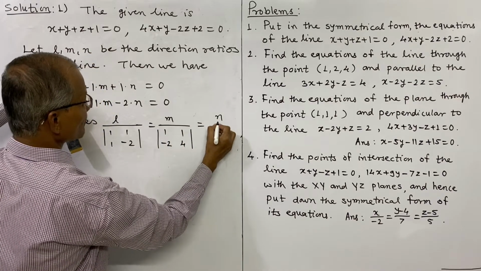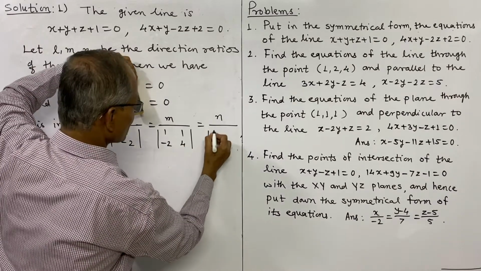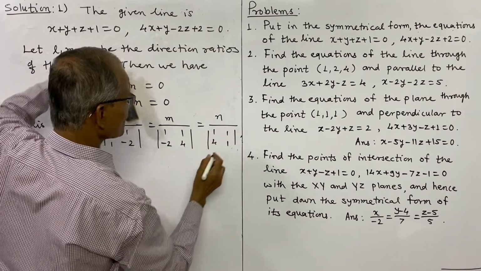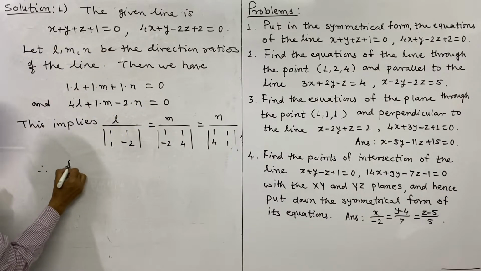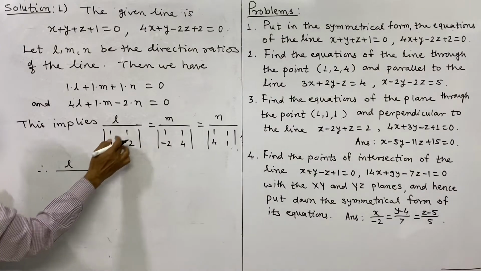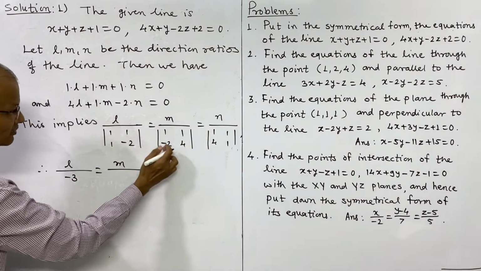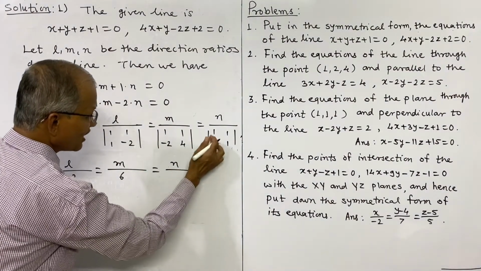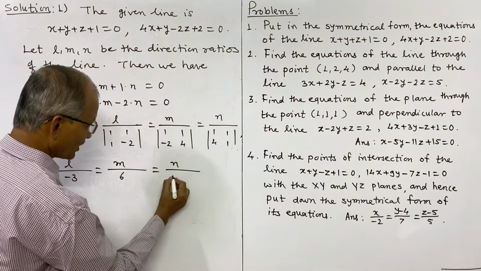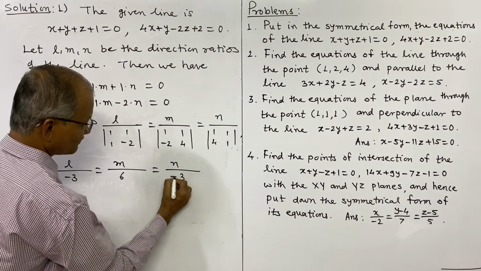And this is equal to N divided by, hide this, 1, 4, 1, 1. So after simplification this gives L divided by minus 2 minus 1, that is minus 3, and M divided by 4 plus 2, that is 6, and N divided by 1 minus 4, that is minus 3.